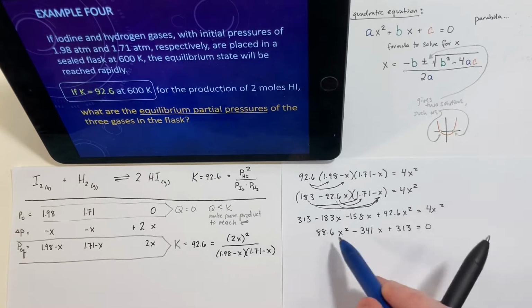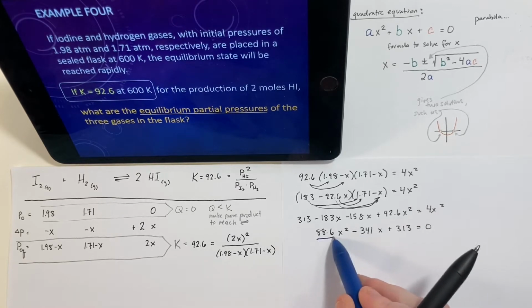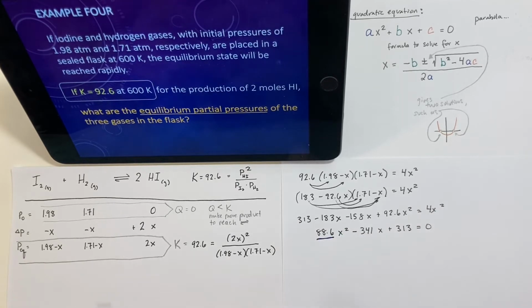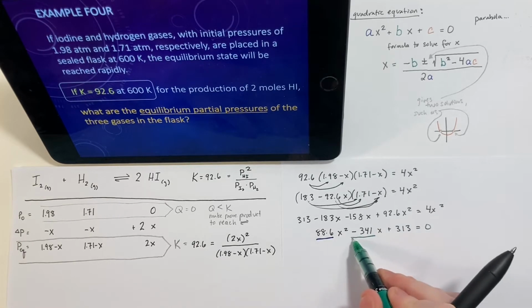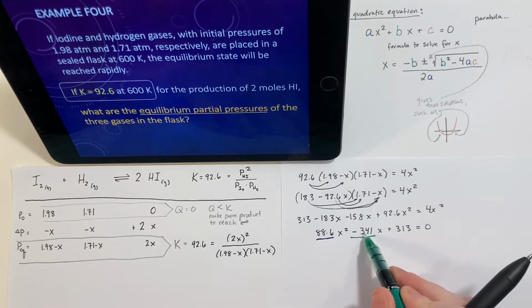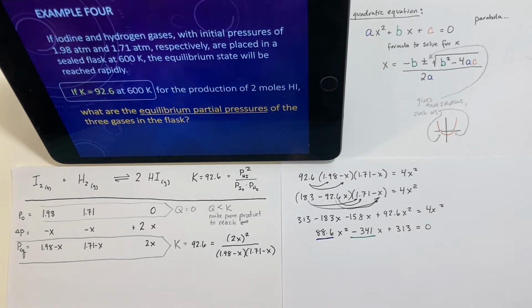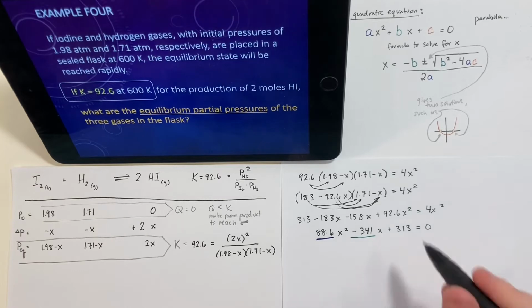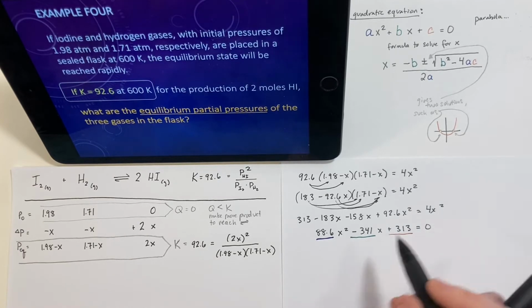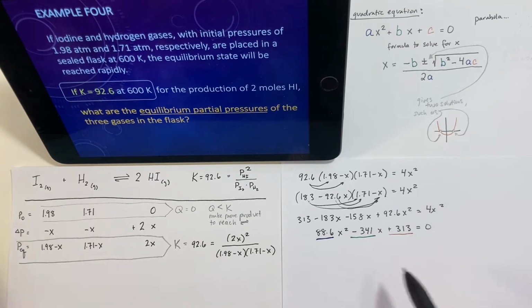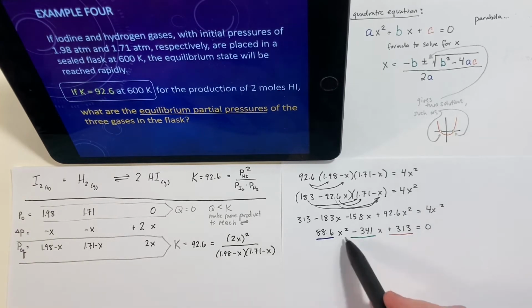Now I'm just going to look at the coefficient of my x squared. I'm going to underline that in blue. And then the coefficient of my x to the first, I'm going to underline that in green. It also contains that negative sign. And then my constant term without any x, I'm just going to underline that in red. So what I have here is I want to solve for that x.